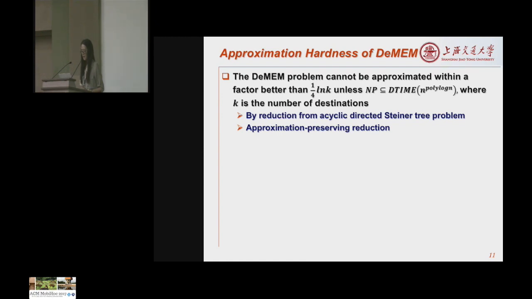This problem cannot be approximated within a factor better than 1/4 log k, unless this expression holds, where k is the number of destinations. The proof is done by reduction from the directed Steiner tree problem. And the reduction is an approximation-preserving reduction, which allows us to draw a conclusion on approximation hardness.